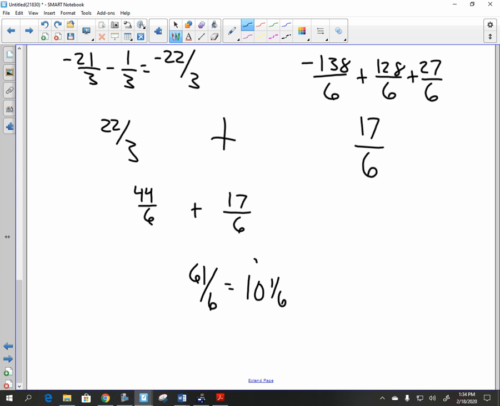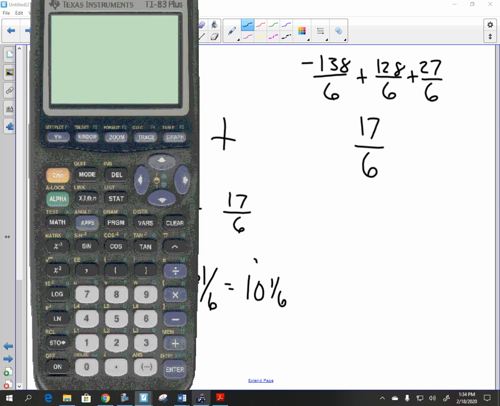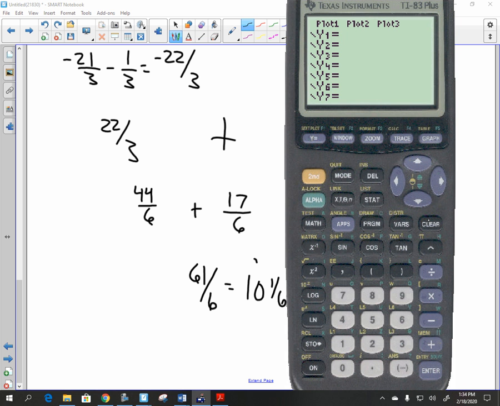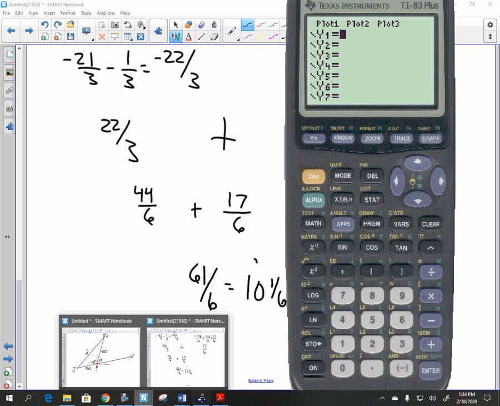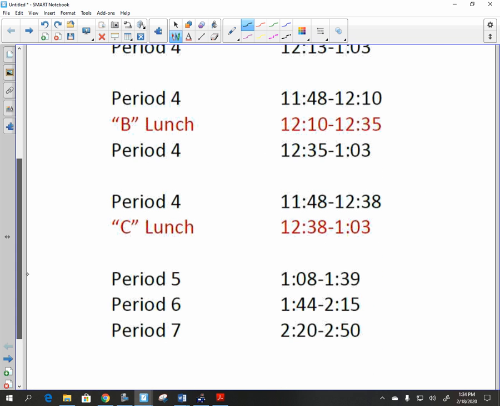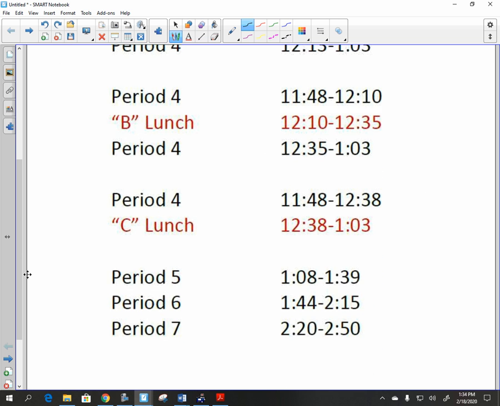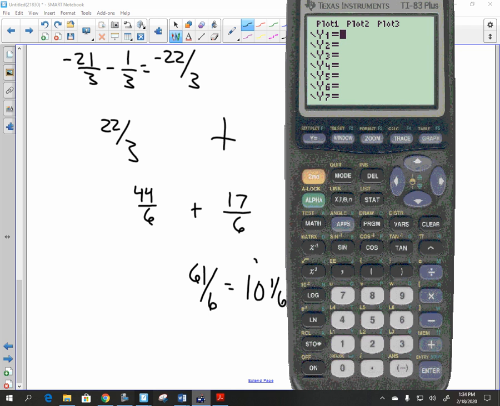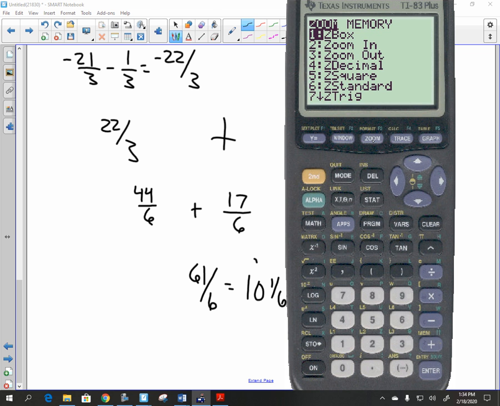Take out your calculator, and we're going to verify that. I'm going to type in x squared minus x minus 6, and I'm going to zoom standard.